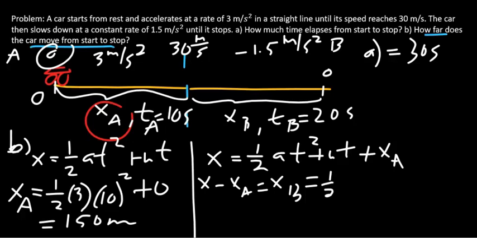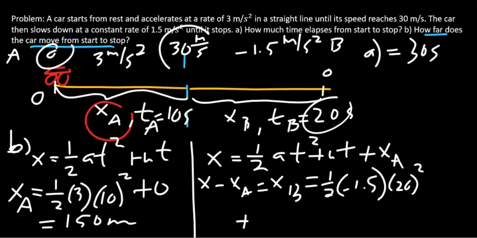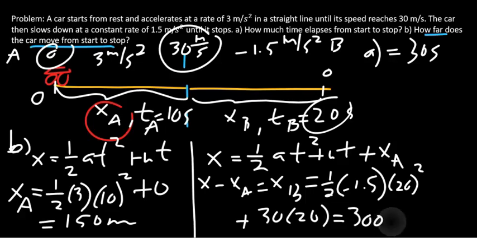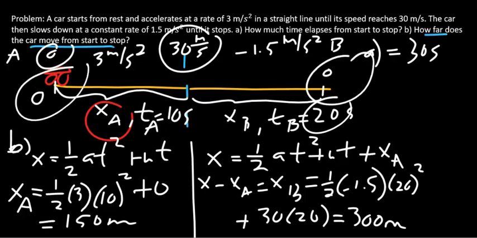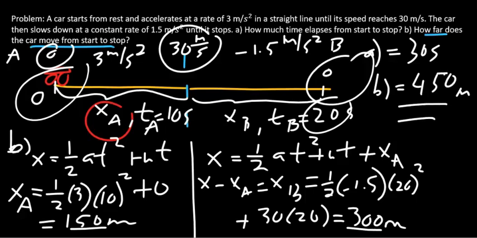And that is given by half, the acceleration is minus 1.5, t is 20 seconds, so 20 squared, u is 30, so 30 times 20, which will give you 300 meters. So the total distance from start to stop is 150 plus 300, meaning 450 meters. And that solves the problem.